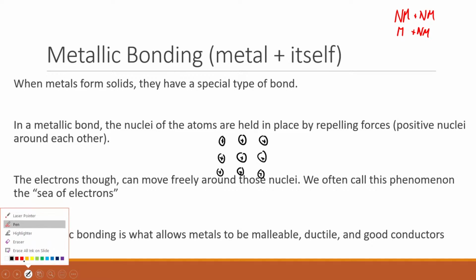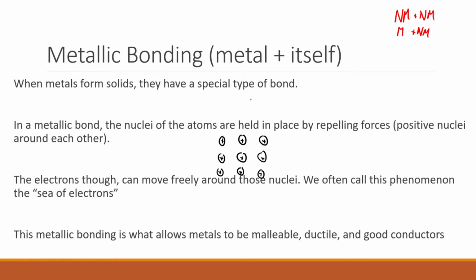The electrons, like I said before, they're pooled together. So there's no firm bonds that say, 2 electrons shared between this one and this one. Instead, the electrons have free reign and can move wherever they want, wherever they're needed, around the nuclei of these atoms.